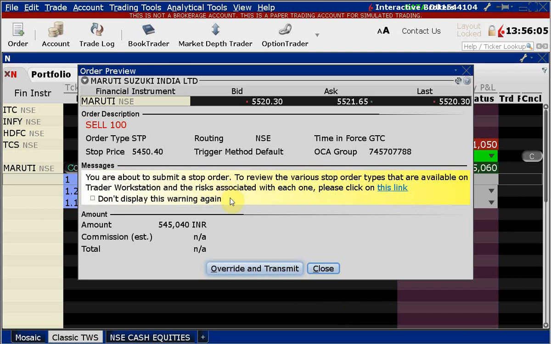Okay, and it's giving you the normal warning about the stop order. It's just warning you because stop orders have some problems. Essentially they're telling you to look at the risk associated with stop orders.